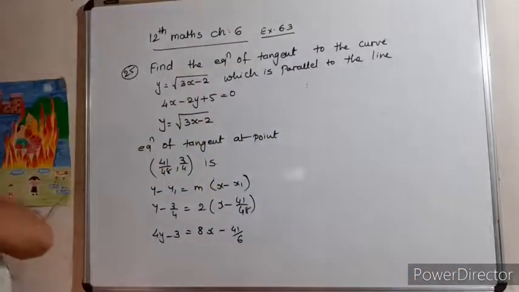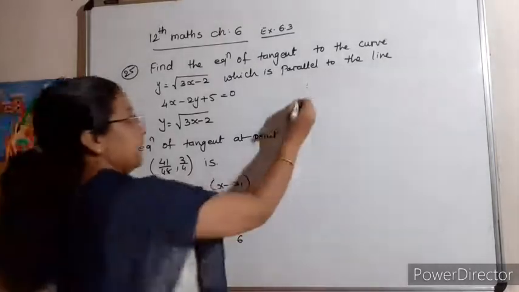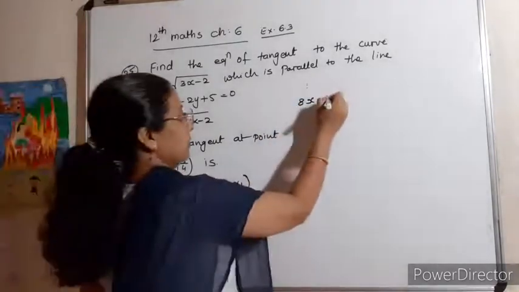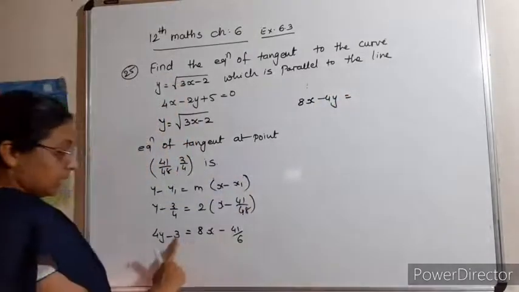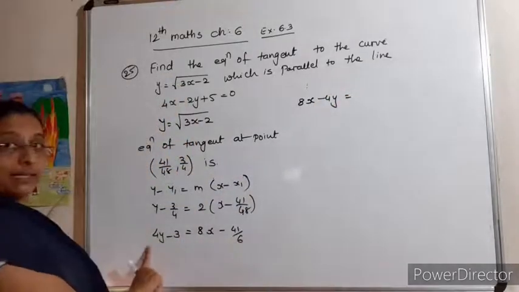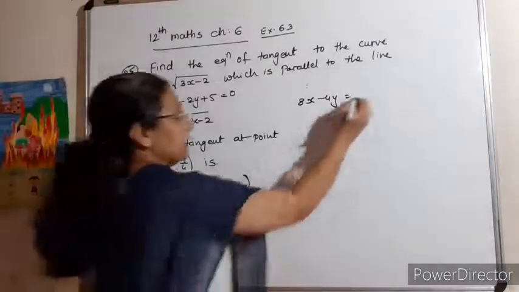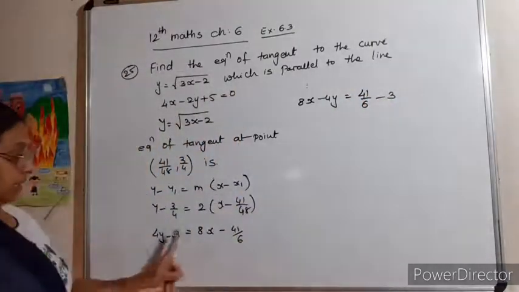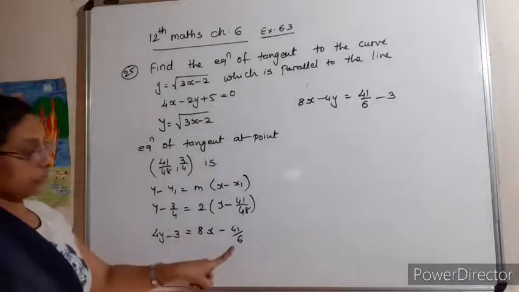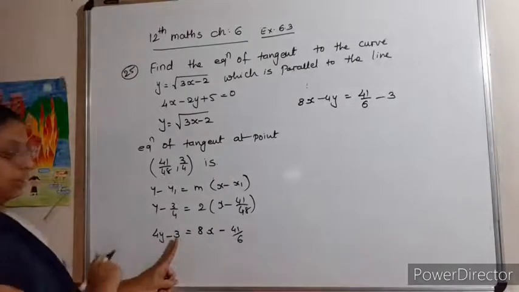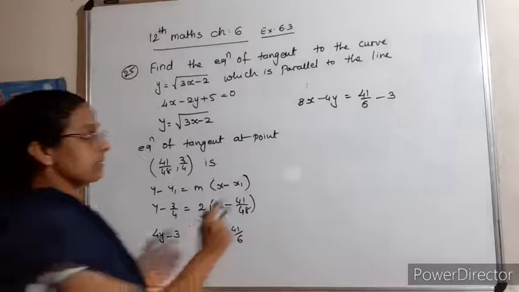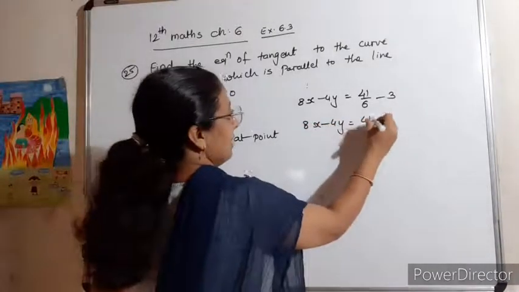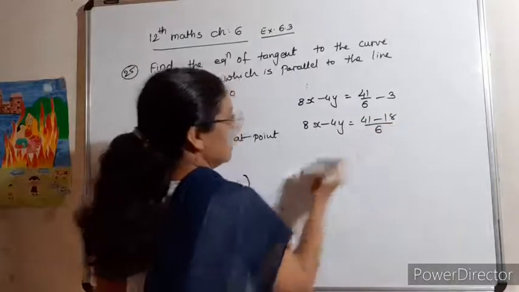So if you simplify, that is 8x minus 4y is equal to minus 41 by 6 coming this side becomes positive, 8x minus 4y minus 41 by 6 minus 3. Yes? Okay. So 8x minus 4y, minus 18 by 6.